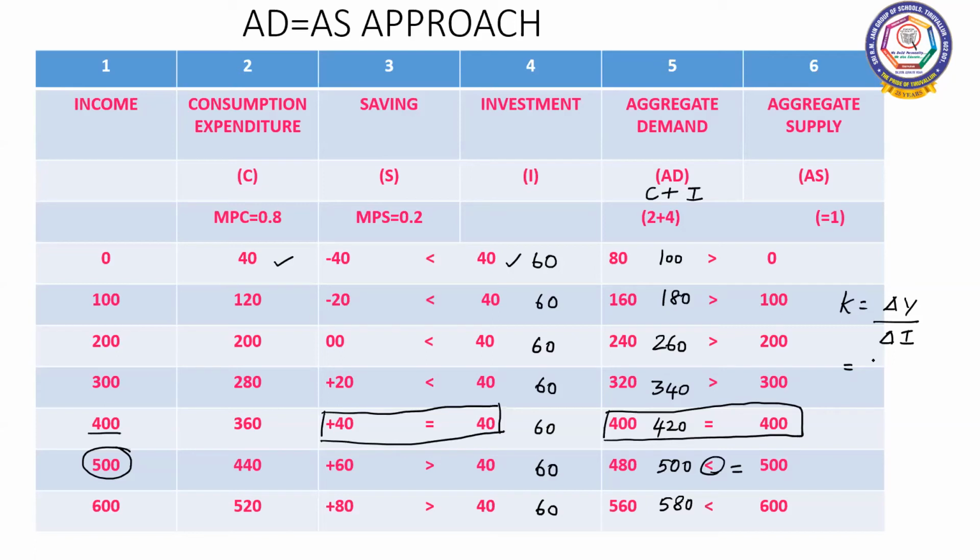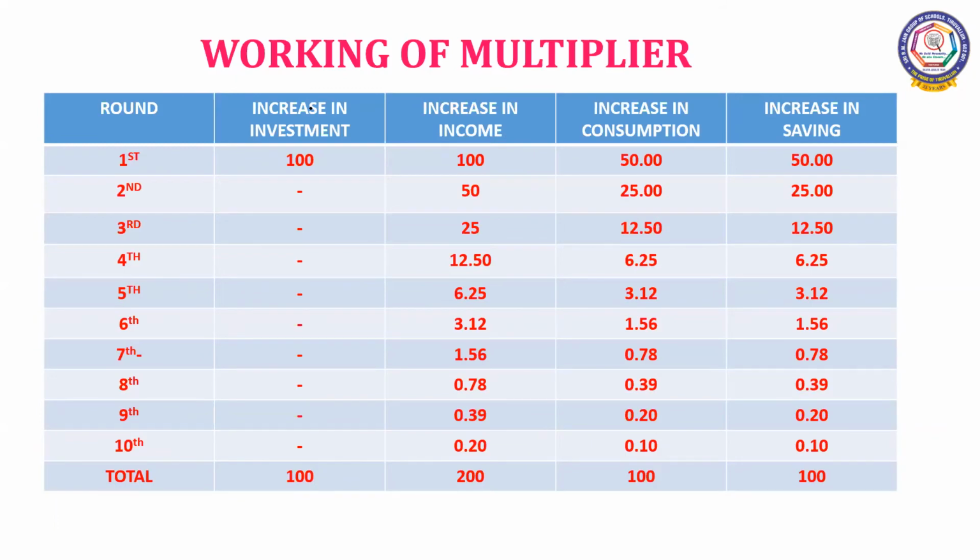So change in income is 100 crores, by change in investment is 20 crores. So 100 by 20, then it is 5. So multiplier is 5. Increase in income is 5 times the increase in investment. Let us now understand the working of multiplier.